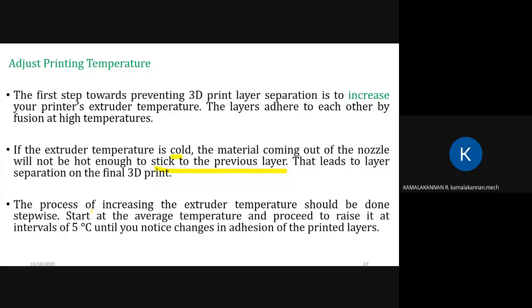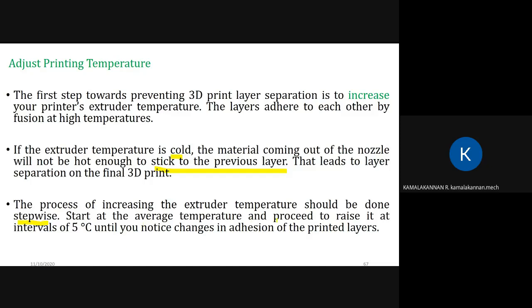Likewise, here the temperature coming out of the nozzle should be hot enough to stick to the previous layer. Otherwise that leads to layer separation in the final 3D print. Increasing the extruder temperature has to be done stepwise.